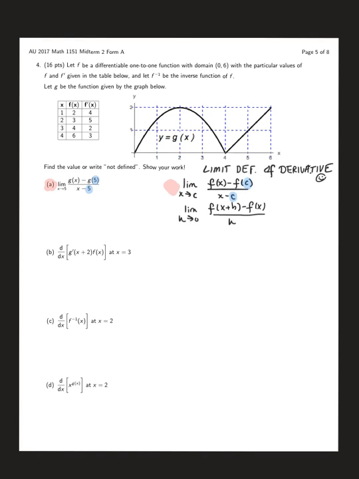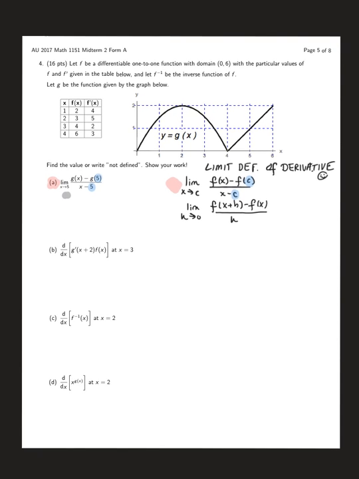Well, this first question is just asking us, what is the derivative at x equals 5? Or another way to put it is, what is g prime of 5 equal to?